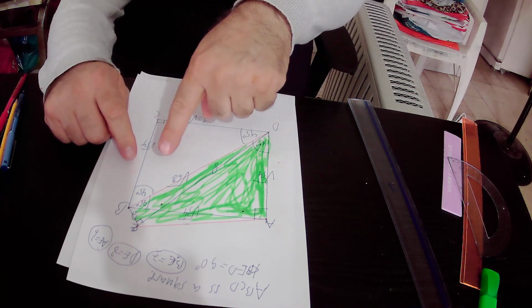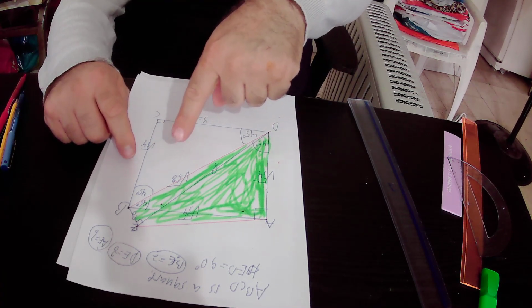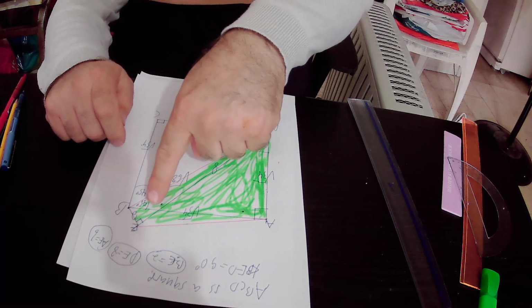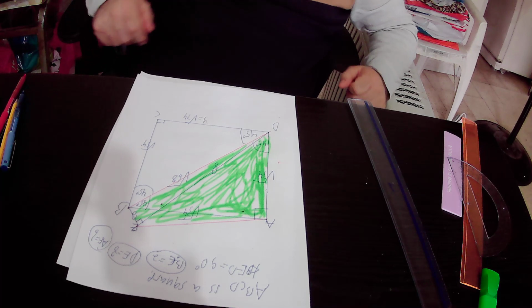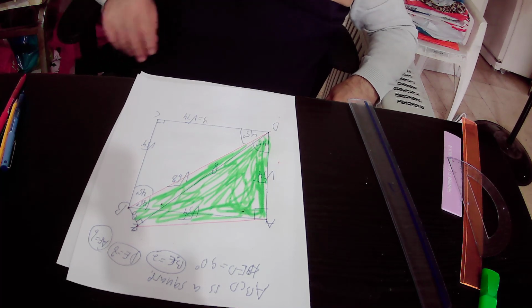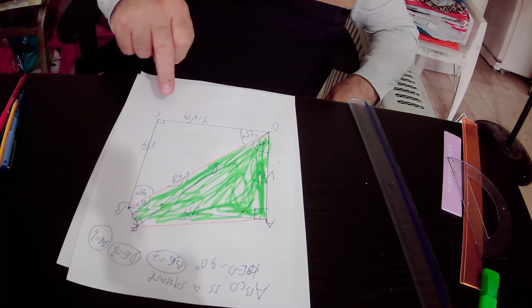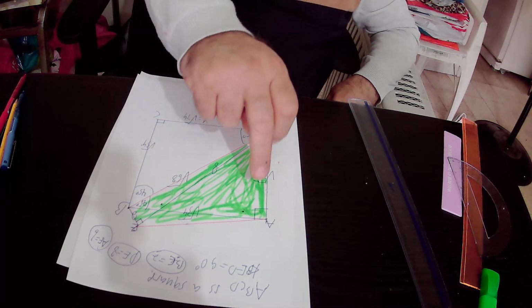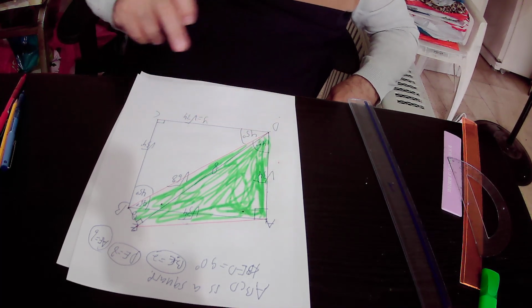Likewise here, the diagonal DB bisects the angle, that is to say this angle will be equal to 45 degrees, and this angle will be also equal to 45 degrees. And because all the angles inside the square are right angles, this angle is a right angle, and this angle is also a right angle, it equals to 90 degrees.